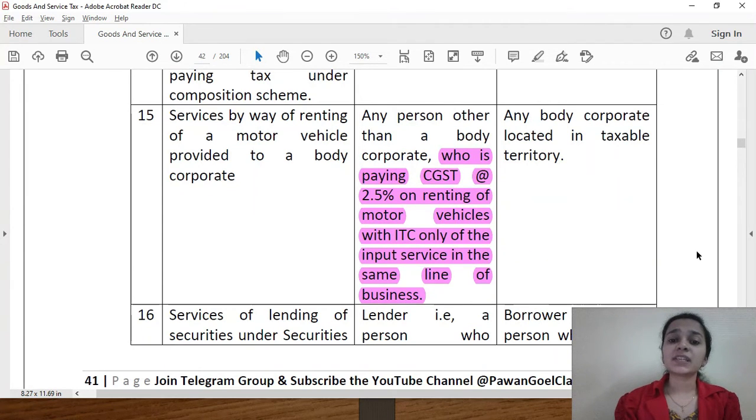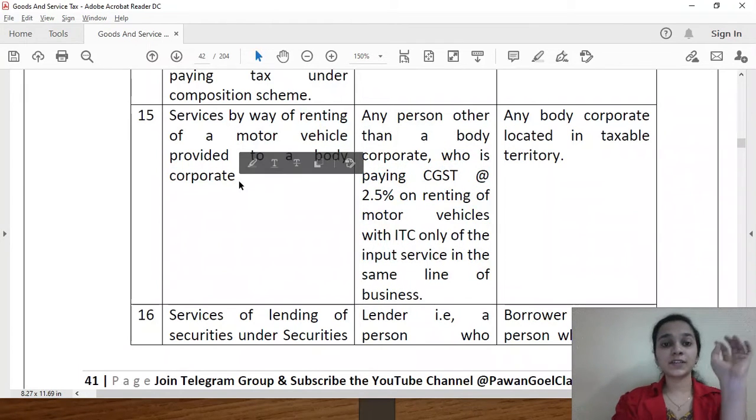So 5% is without ITC and 12% with ITC. So let's just look at what was the thing which was covered under reverse charge. So the service which is covered here is renting of a motor vehicle, and this service is provided to a body corporate.